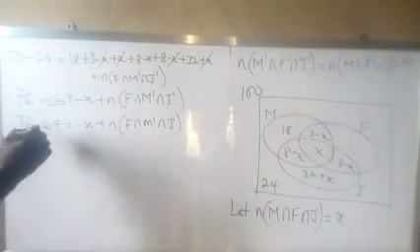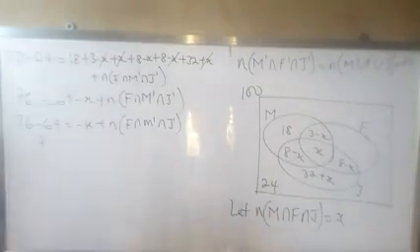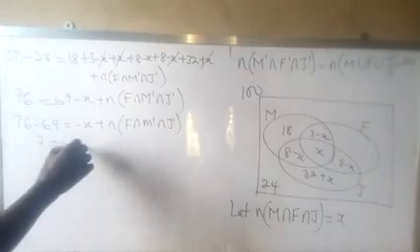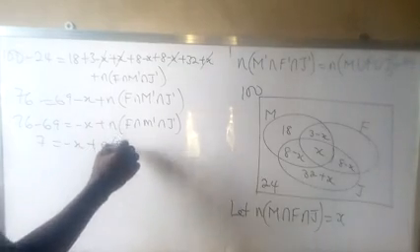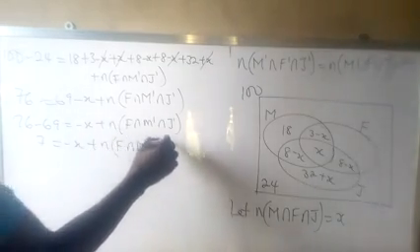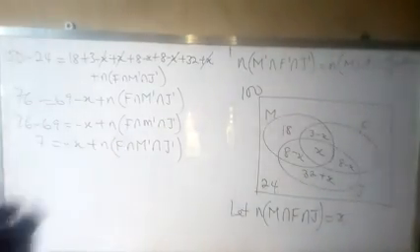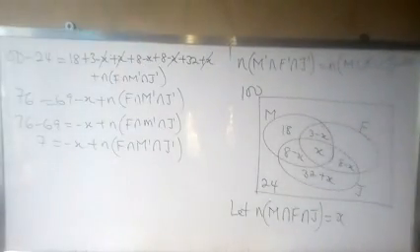So this one will be what? 7. Okay, 7 is equal to minus x plus the number of F intersection M complement intersection J complement. I hope we understand. Yes, okay. Now, how do we get this particular thing that we are actually looking for?